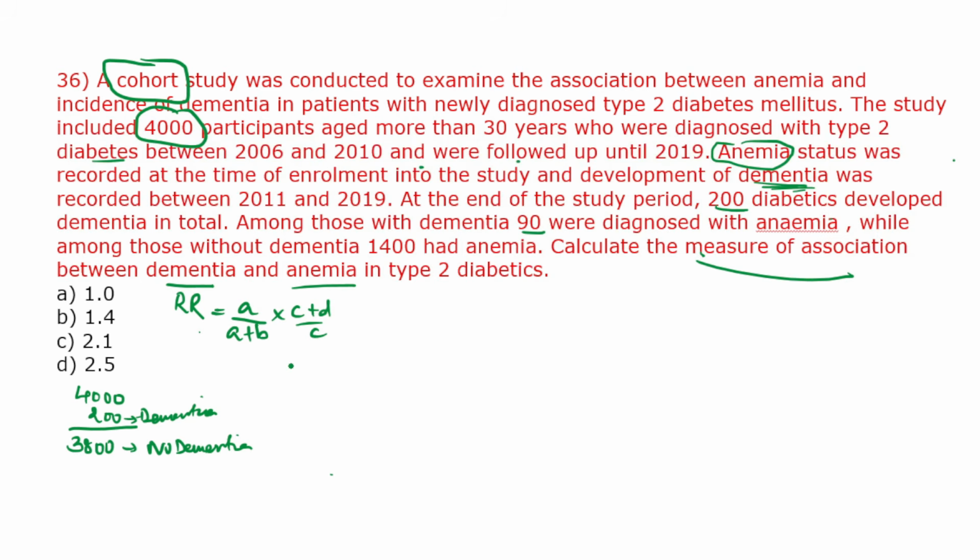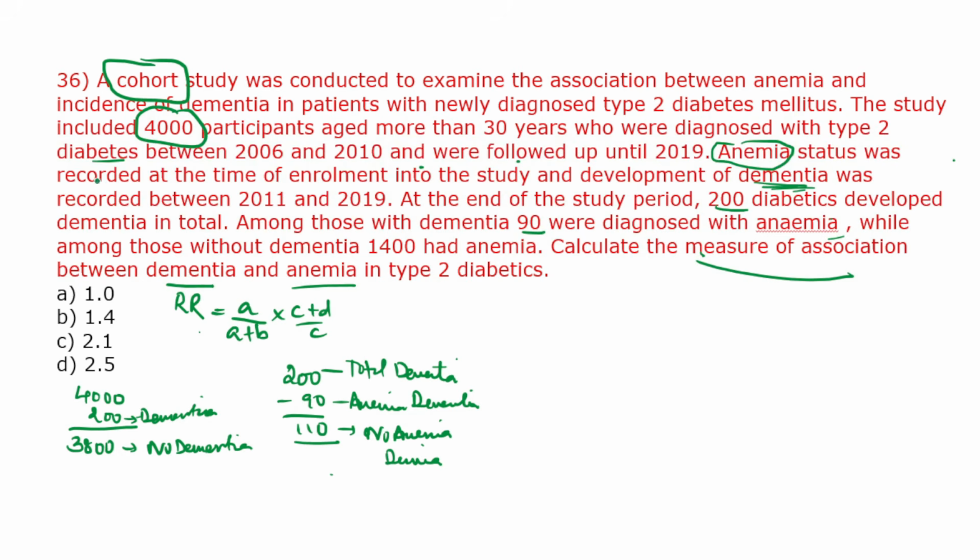So 200 minus 90 is 110. So 90 people have anemia and dementia, and 110 have dementia but no anemia. 200 is the total with dementia.